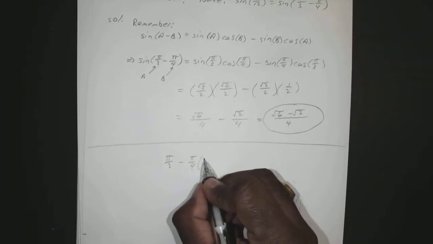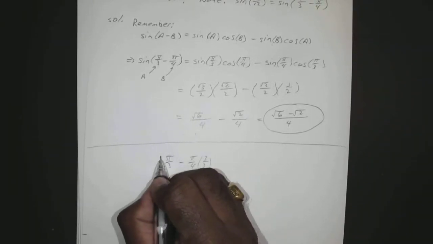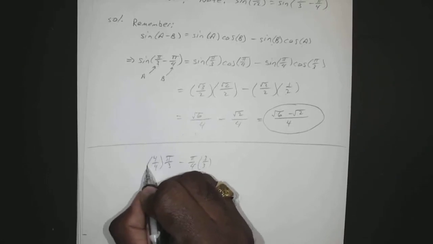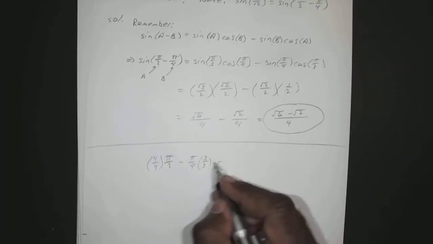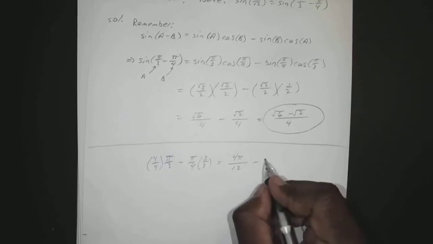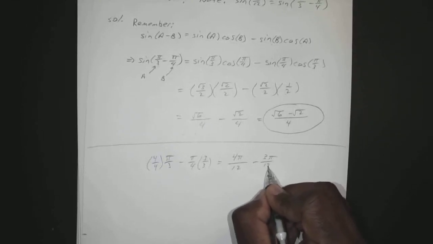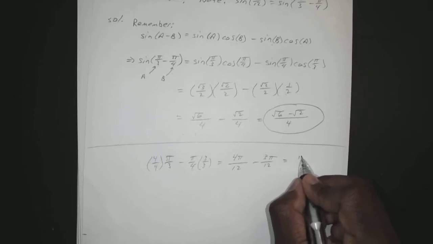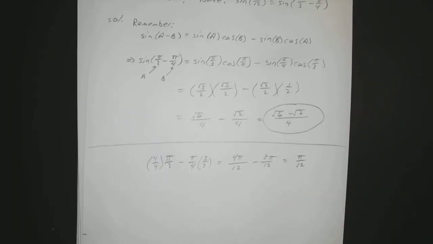If you multiply this one by 3 over 3, and this one by 4 over 4, you get 4 pi over 12 minus 3 pi over 12, which is just 1 pi over 12. Does that make sense? Yeah. Okay. You're welcome.